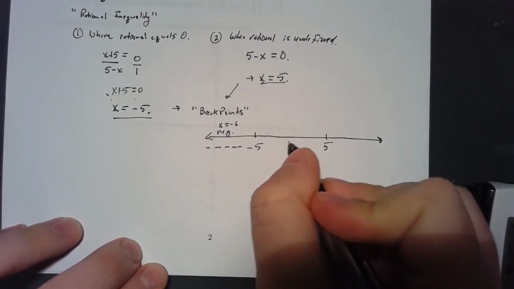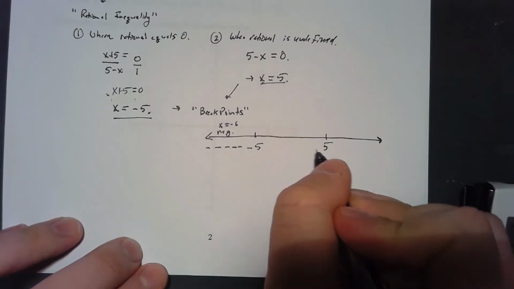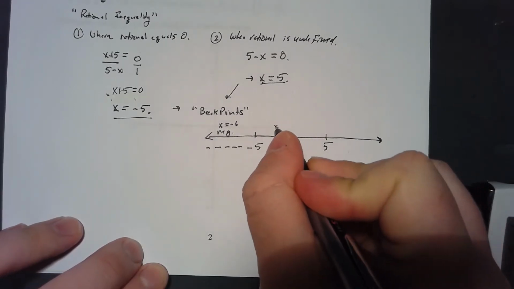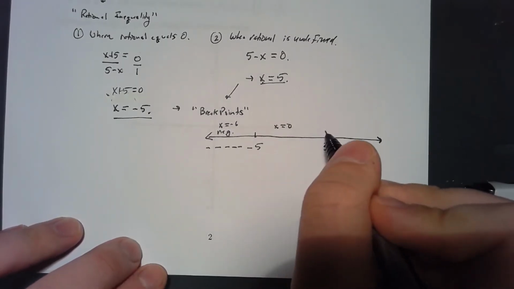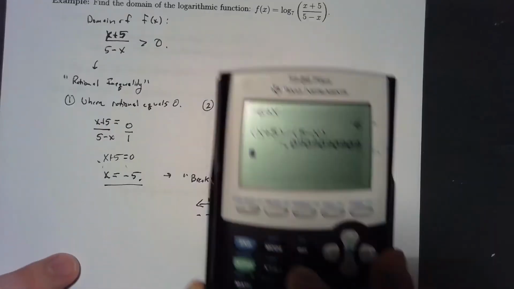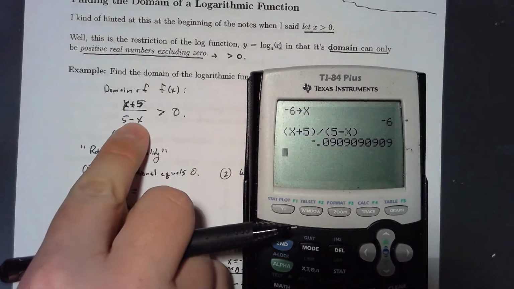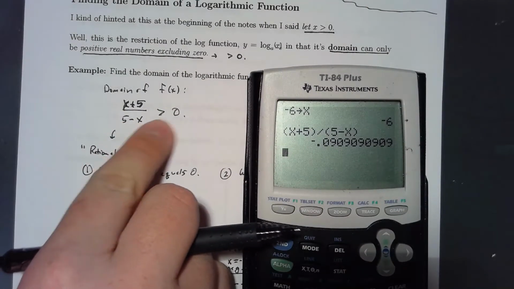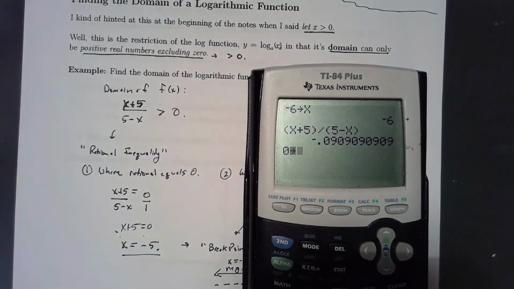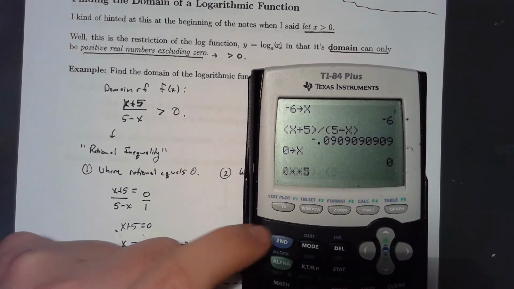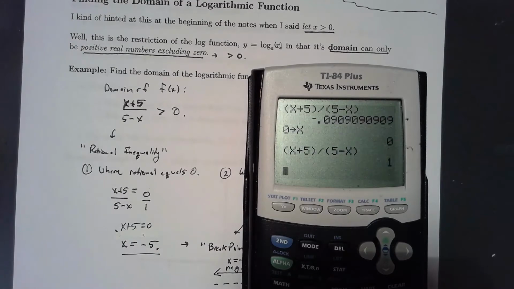All right. Now a value between -5 and 5, I would pick 0 there. If you put 0 in here, that's going to be 5 over 5, which is just 1. You could do it with the calculator. You're going to get 1. That's obviously positive.